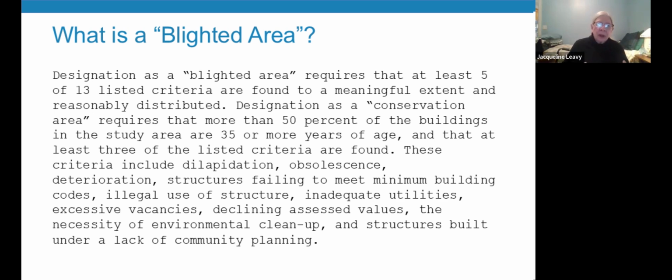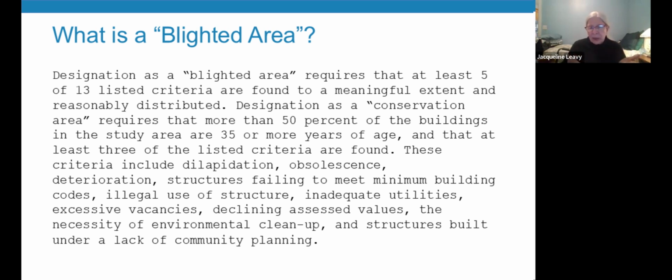Because all of the criteria are very subjective. So building age, I mean, my home is 105 years old over here in Southeast Oak Park. And I would put it up against any new construction building that there is. Okay. So age, I'm 76, but I think I still got a little bit more life in me. So age of the property and the buildings is not necessarily the tipping point.